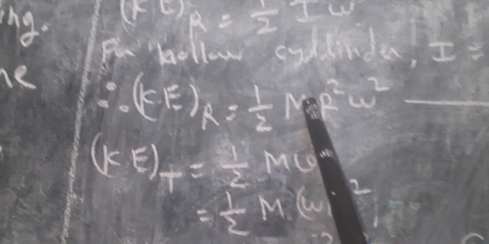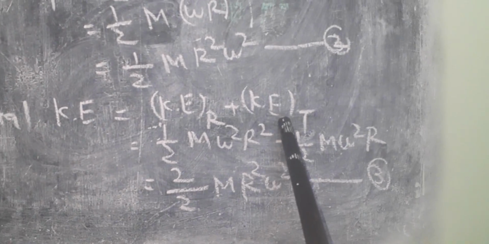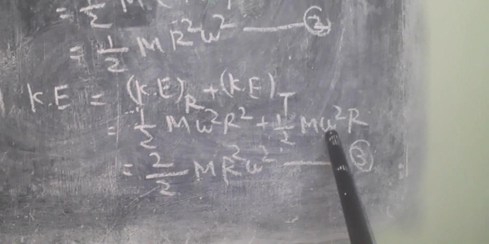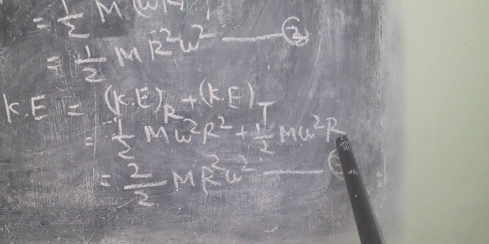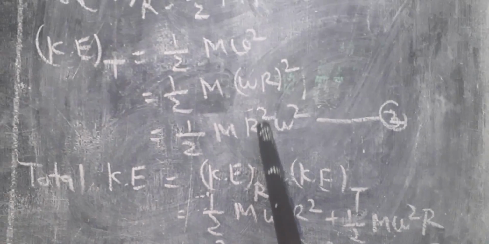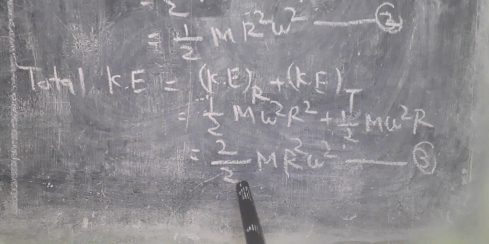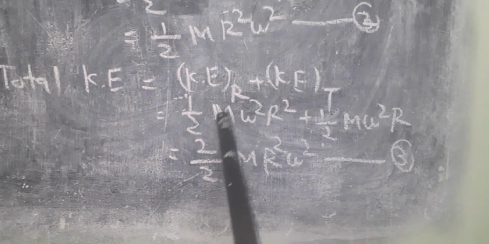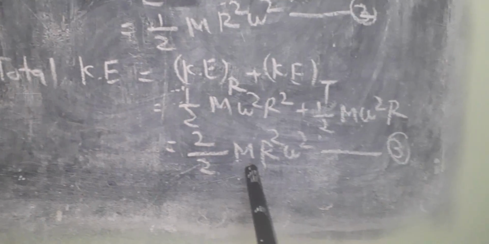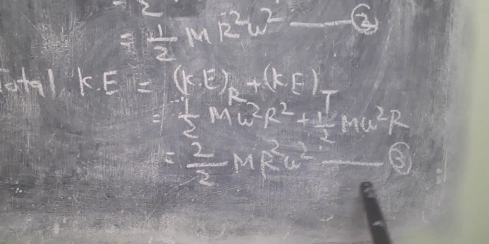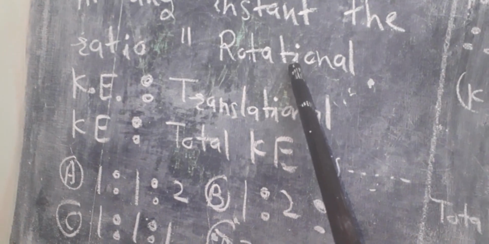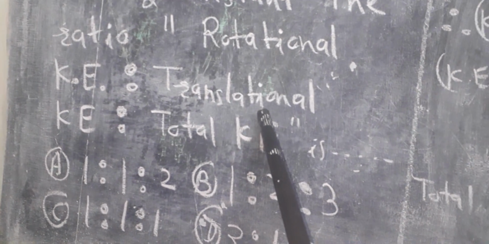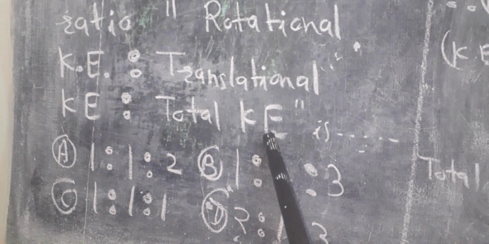And in place of the translational kinetic energy, we write 1/2 m omega square r square, just like this. So on addition, this term is common. So we get 2/2 m r square omega square, equation number 3. And we want to find out the ratio of rotational kinetic energy to translational kinetic energy to total kinetic energy.